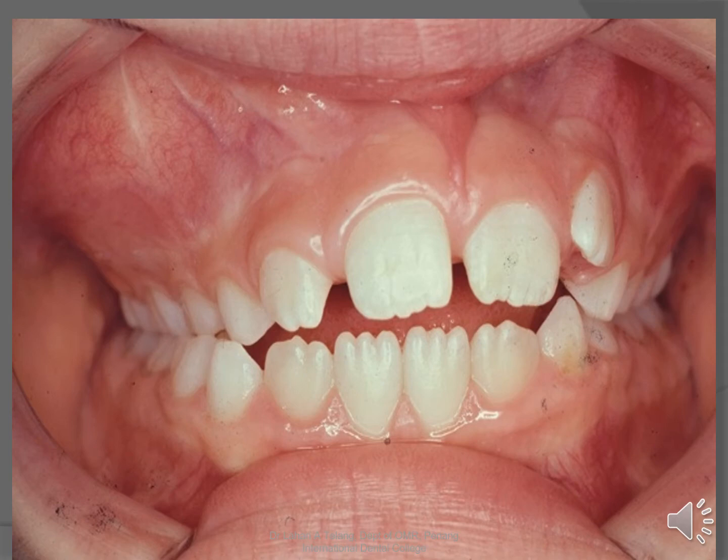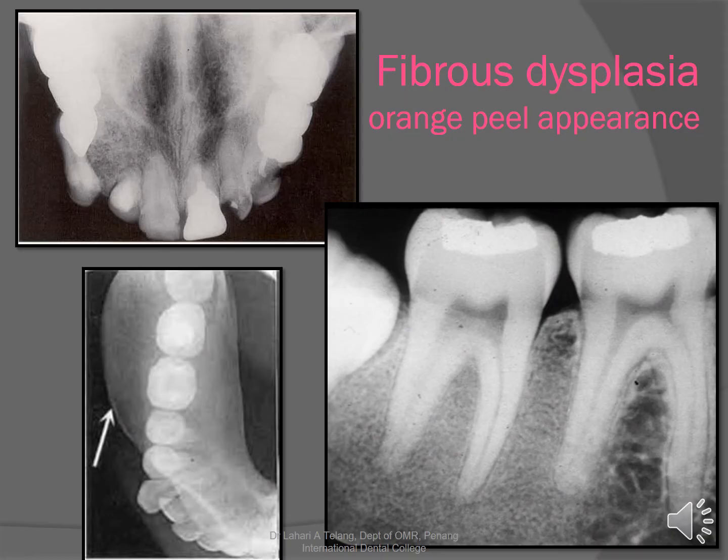You'll see that the right side is slightly enlarged in comparison to the left side, and the vestibule on the right side is obliterated. So when you look at this, you will think of obviously a bony expansion, either a cyst or a tumor, but when you actually take a radiograph, it has this orange peel-like appearance, and it can mimic what looks like fibrous dysplasia.